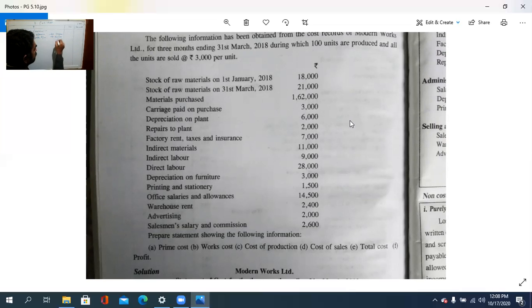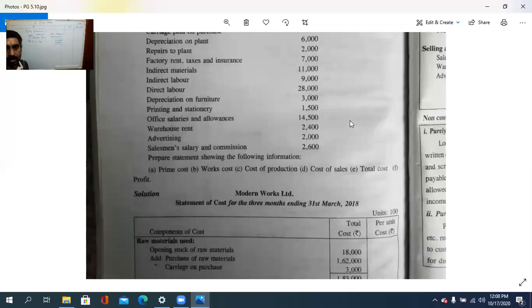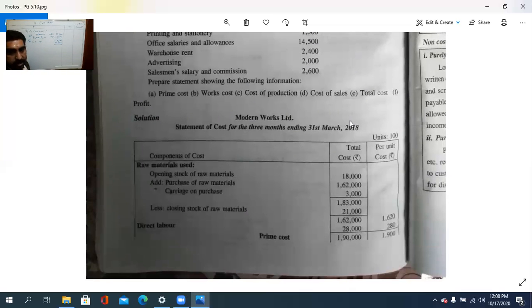So 1,80,000, isn't it? Then less closing stock, 21,000. So it is 1 lakh 83,000? Now there is one more item here, carriage on purchases. So that also is to be added there, before the closing stock.